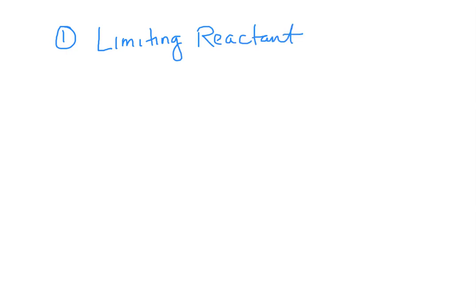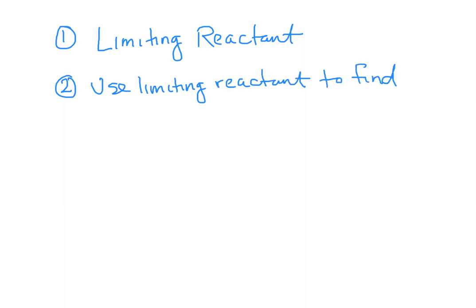Then you're going to use the limiting reactant to find how much aluminum chloride is produced in grams.